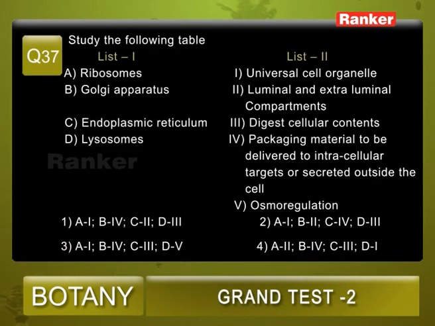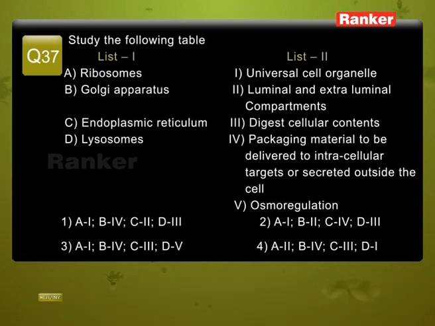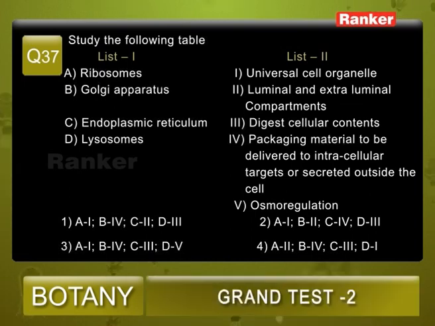Question number 37. Study the following table. List 1: A. Ribosomes, B. Golgi apparatus, C. Endoplasmic reticulum, D. Lysosomes. List 2: 1. Universal cell organelle, 2. Luminal and extraluminal compartments, 3. Digest cellular contents, 4.